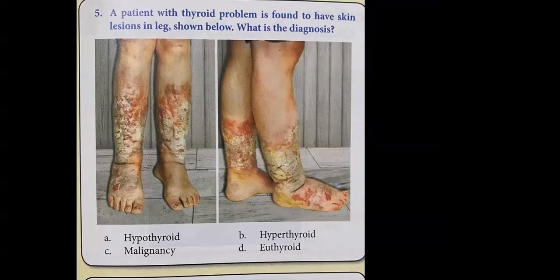So in brief, all the intrinsic muscles of the larynx are supplied by the recurrent laryngeal nerve, except cricothyroid, which is supplied by the external branch of the superior laryngeal nerve. The function of the cricothyroid is that it is the tensor of the vocal cord. It maintains the pitch of the voice. This is also a question.